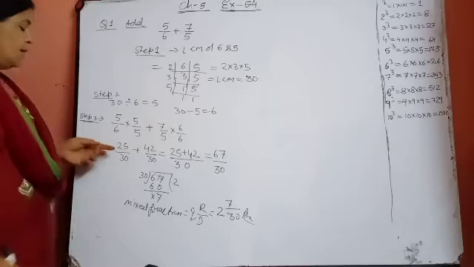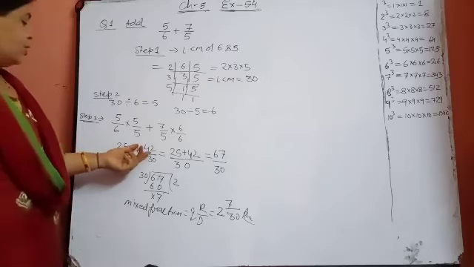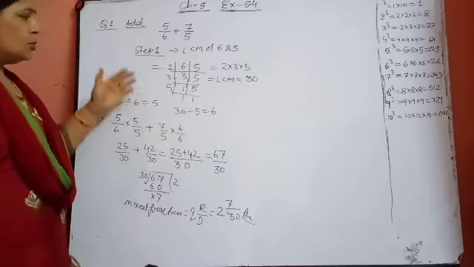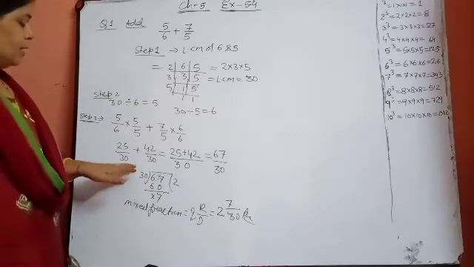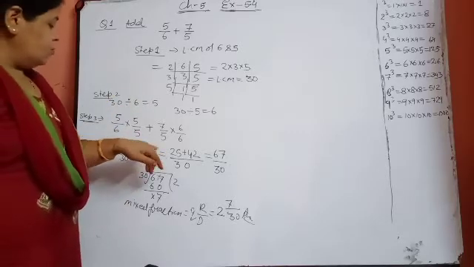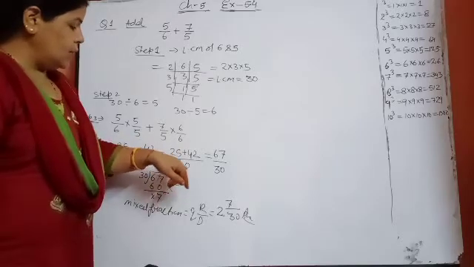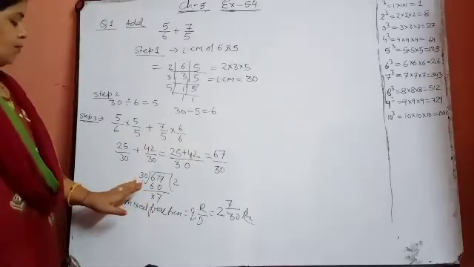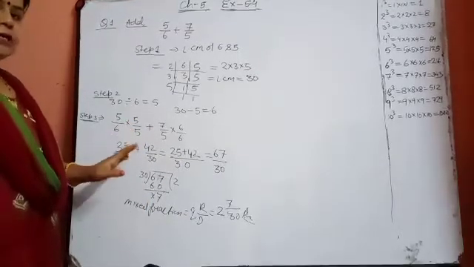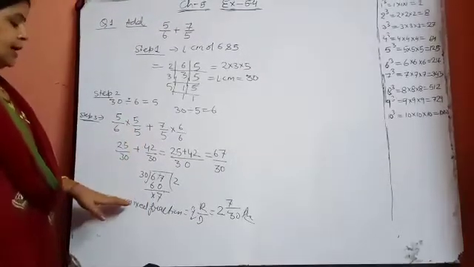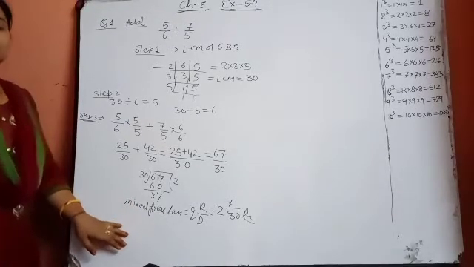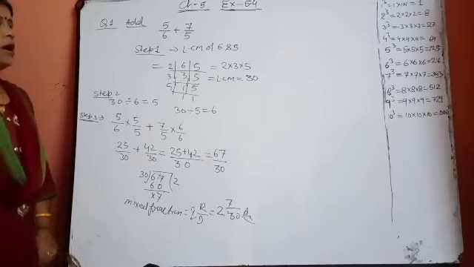So you get 25 plus 42 upon 30. Why are we doing this process? So that their denominators become equal. Then 25 plus 42 upon 30 becomes 67 upon 30, and everybody knows that if the fraction is improper, we write it as a mixed fraction. That will be your answer.